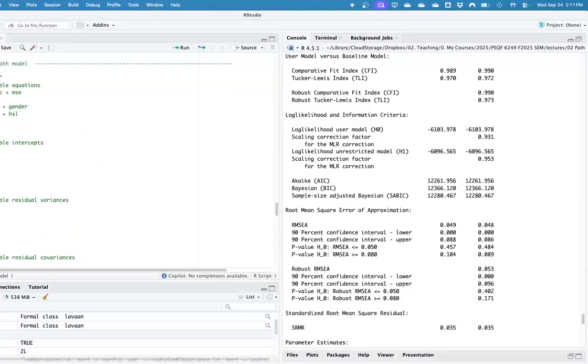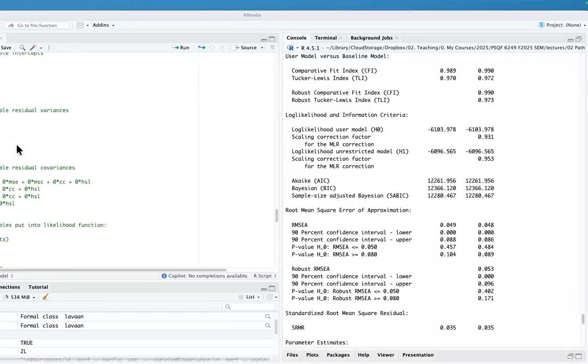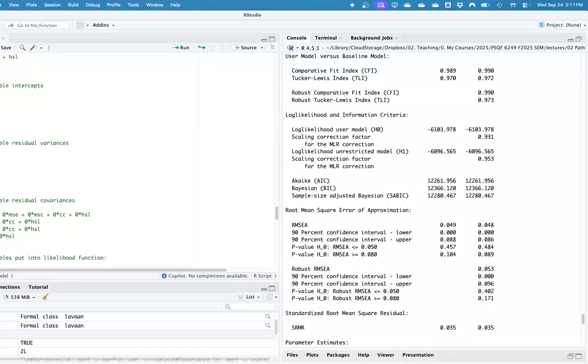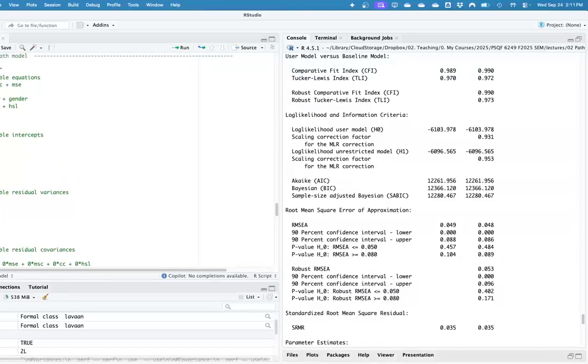Let's go and change, let's make sure the path I'm changing makes sense. Oh, actually, you know what I can do? Let's take this estimated covariance between usefulness and MSC, and let's just put MSC on usefulness. Let's pick a different parameter. Okay?